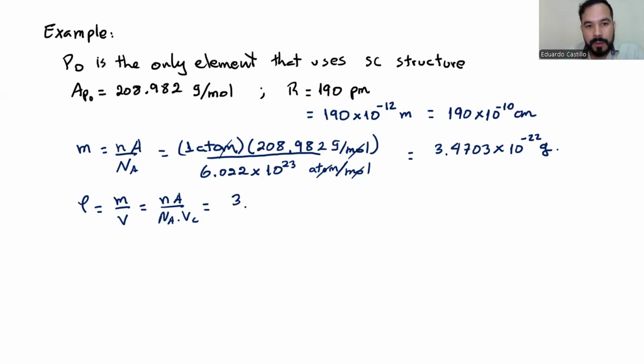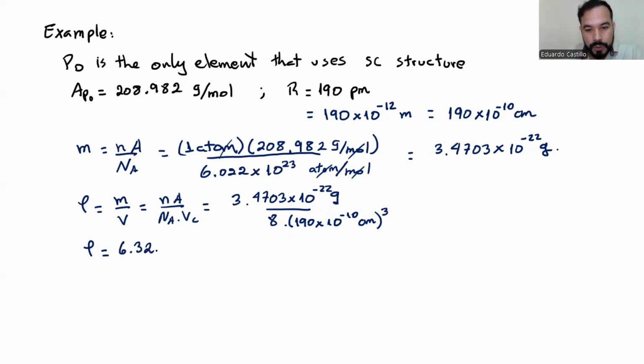So here, if I replace the mass by 3.4703 times 10 to the minus 22 grams divided by 8 times the radius, and the radius is 190 times 10 to the minus 10 centimeters, to the power 3. So my final answer is 6.32 grams per cubic centimeter. And that would be the density of polonium.